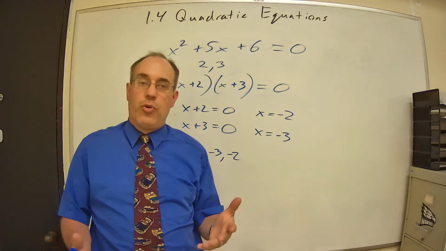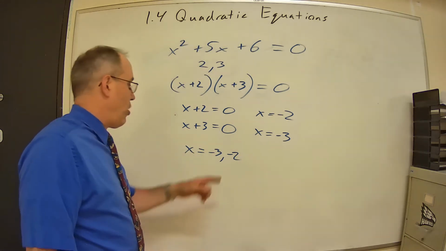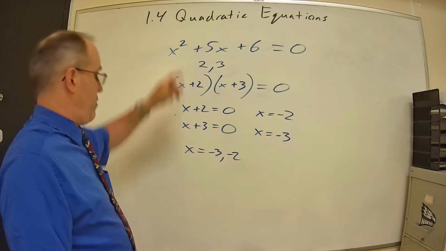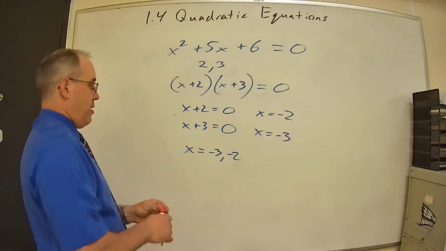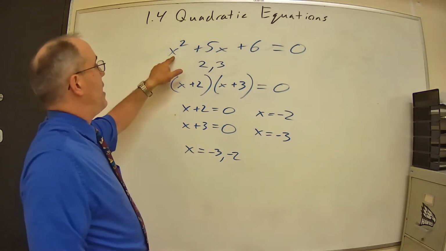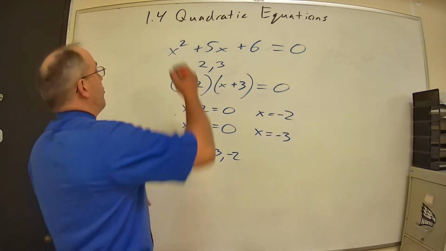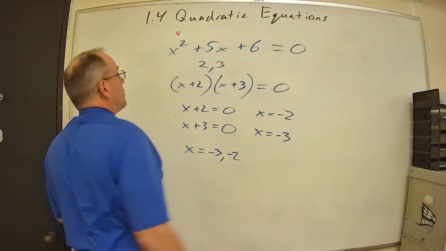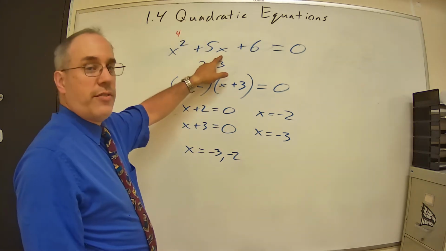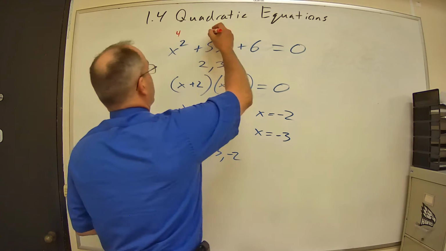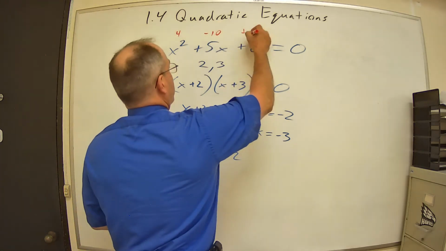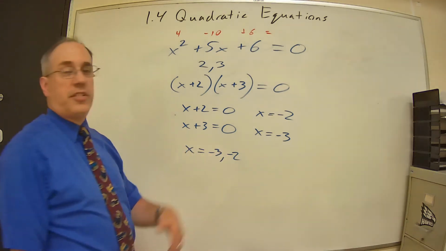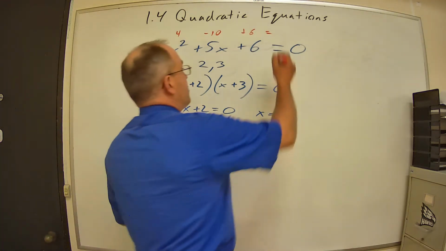And we could, of course, check this and say, well, if I put negative 2 in here, I'm going to switch to the red marker for this. If I plug in negative 2 squared is 4. 5 times negative 2 is negative 10, plus 6. 4 plus 6 is 10, minus 10 is 0.